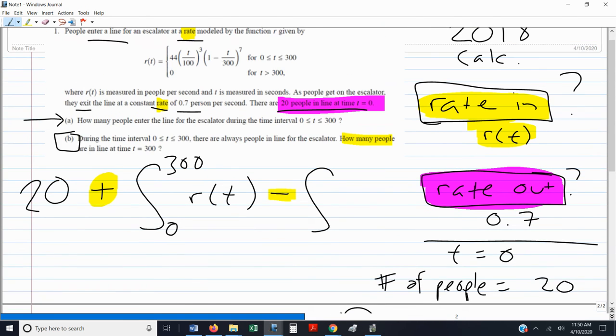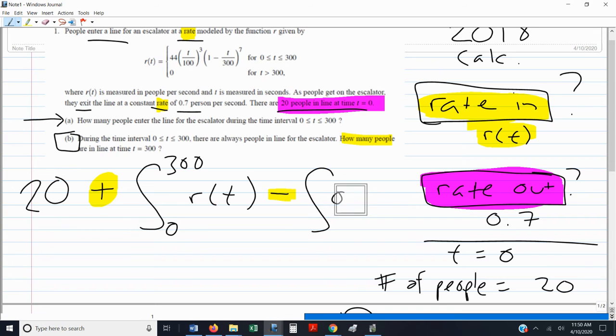So then that would be a minus sign. The rate that people are leaving the line is 0.7, and that's going to be dt, 0 to 300. I'm also realizing I've missed the dt there as well. So this is going to be the expression that gives you the number of people in line at 300.